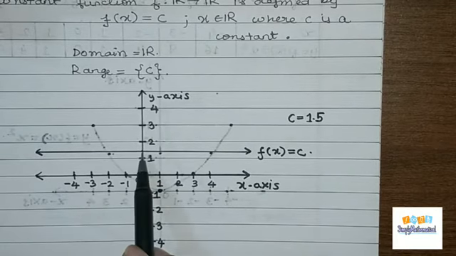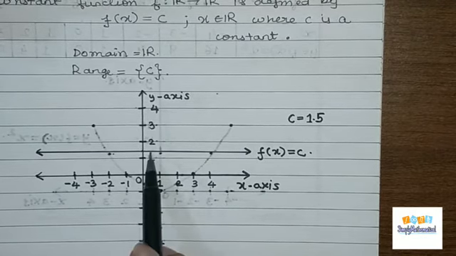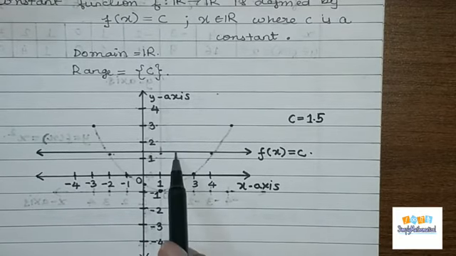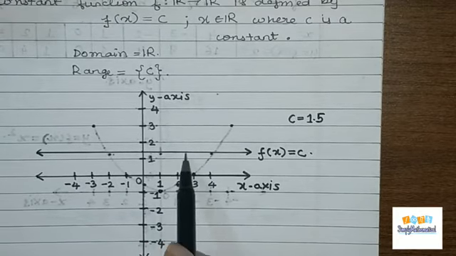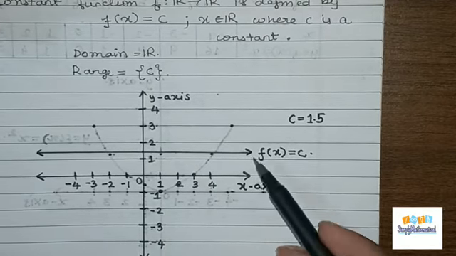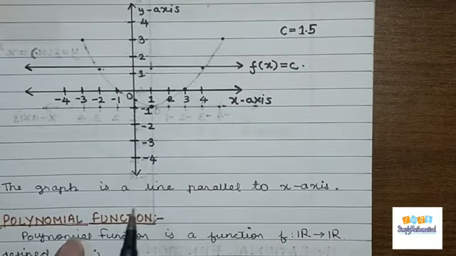So for x = 0.5 you will have 1.5, for 1 also 1.5, for 2 also 1.5, and for 2.5 you will also have 1.5 only. So you get a horizontal line which is parallel to the x axis. So the graph is a line parallel to the x axis.